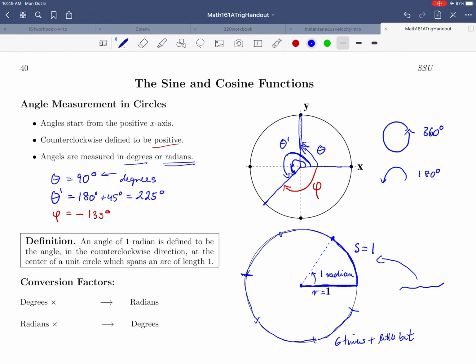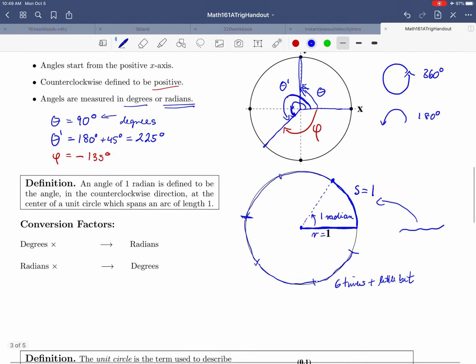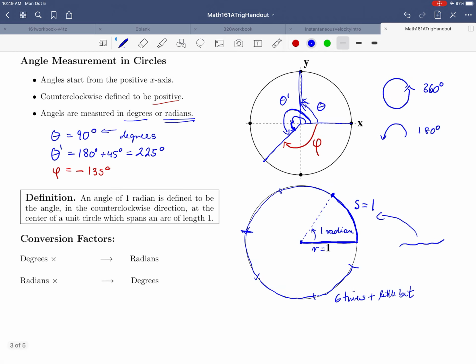And for the entire length around the circle, I would need an angle of 6.28 and a little bit radians. So all the way around the circle is 2 pi radians. So note, the angle to go once around the circle is 2 pi radians.